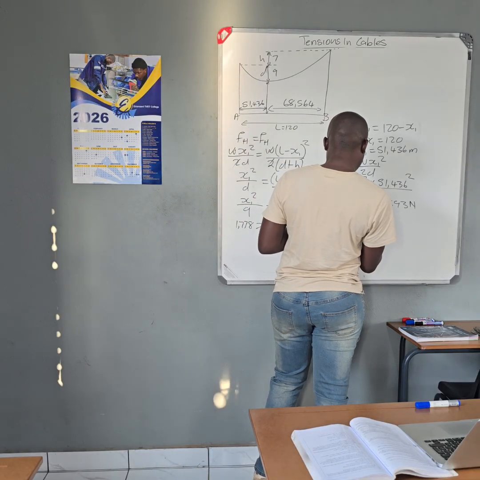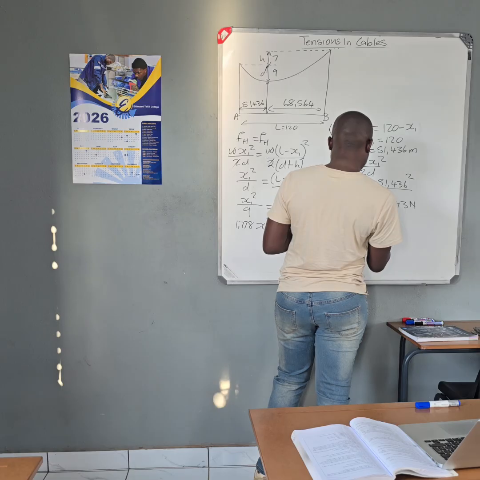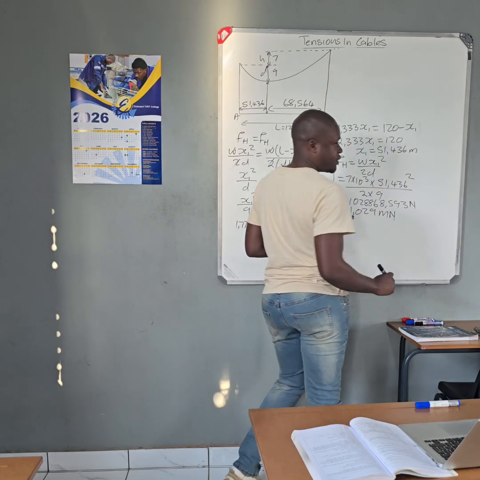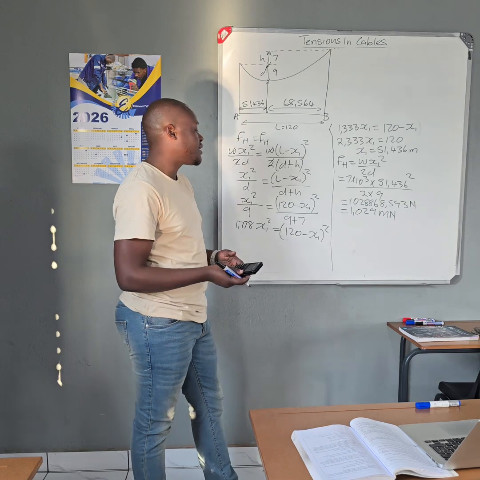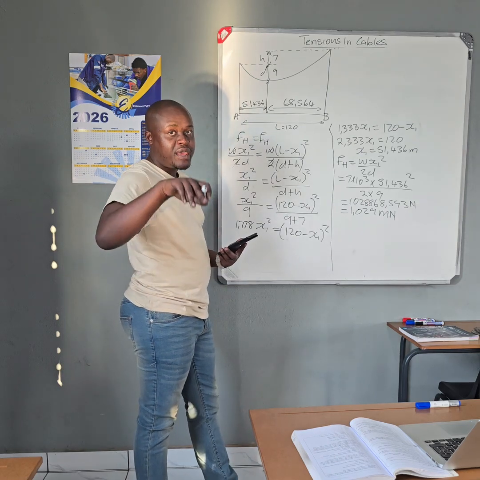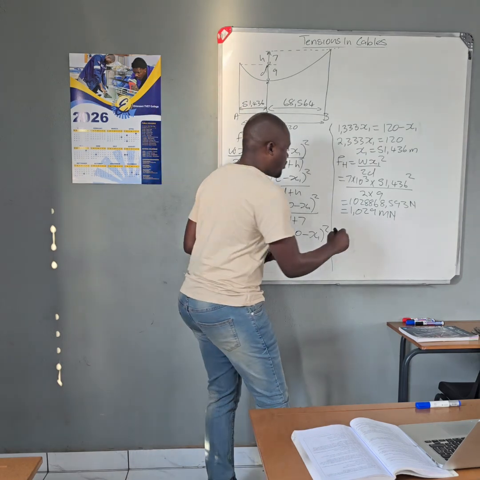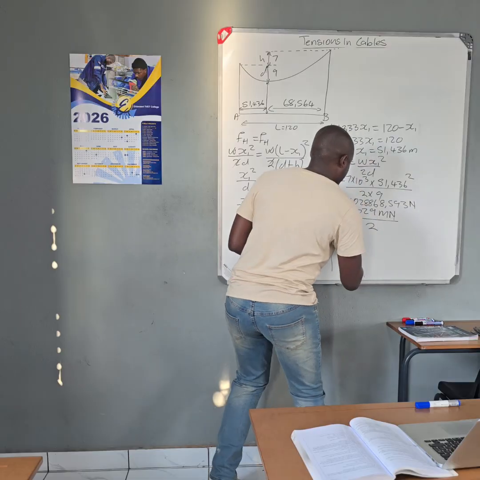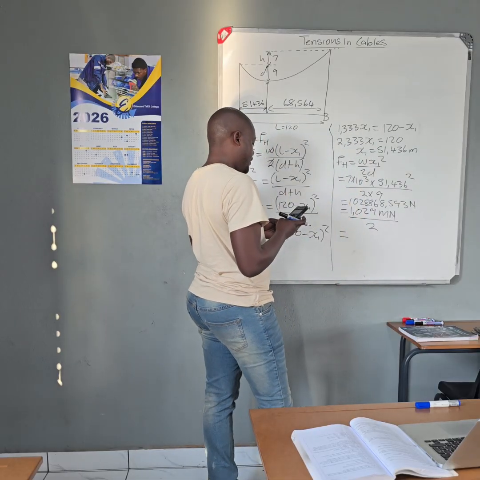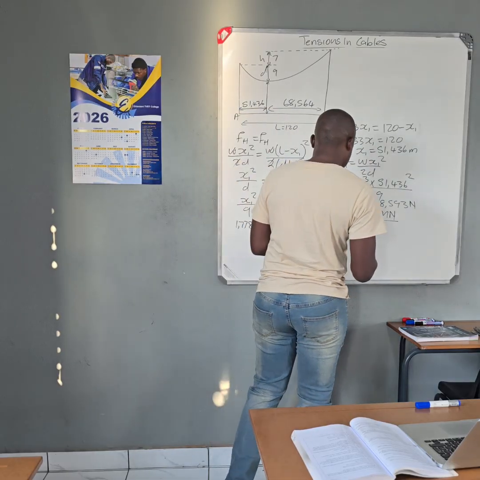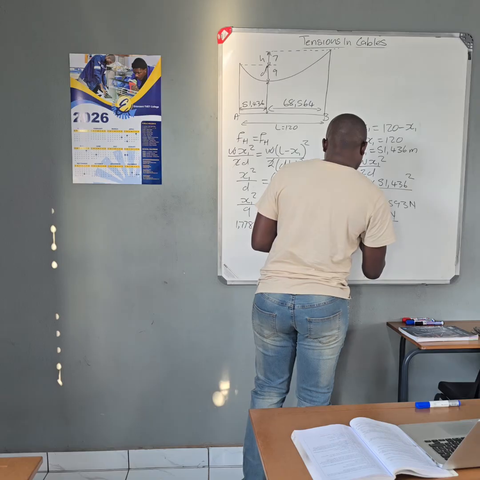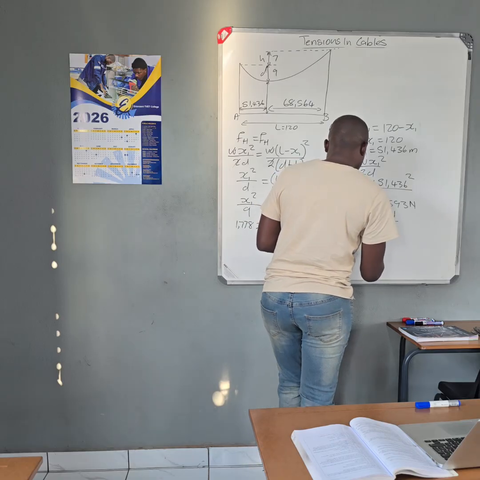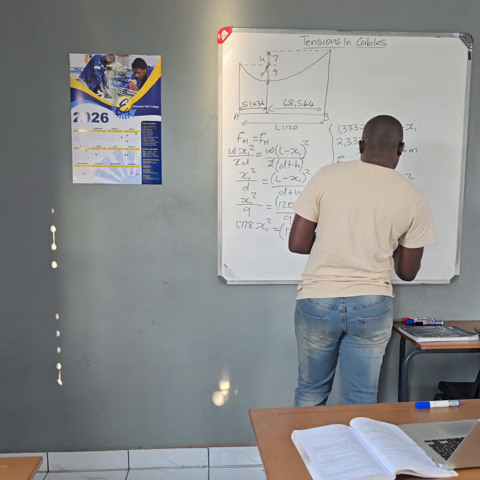It's going to be 1.0229 meganewtons. This is for both cables, right? The question said per cable. So it means that I'm going to divide this answer by 2. So if you divide the answer by 2, per cable we have 514.434 kilonewtons.